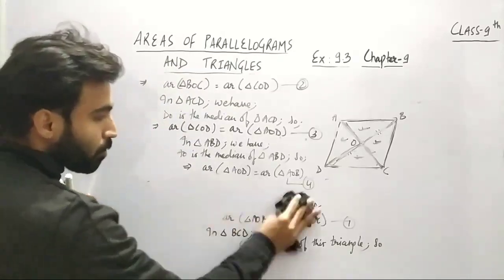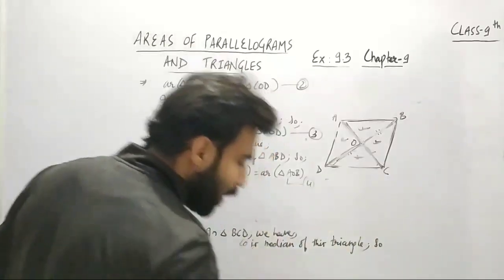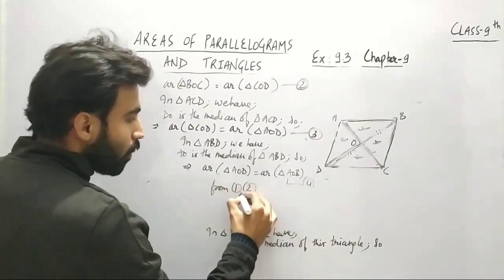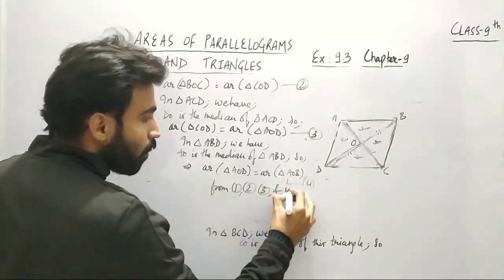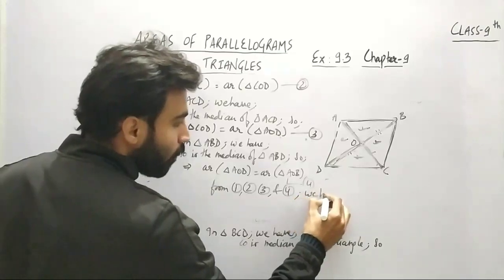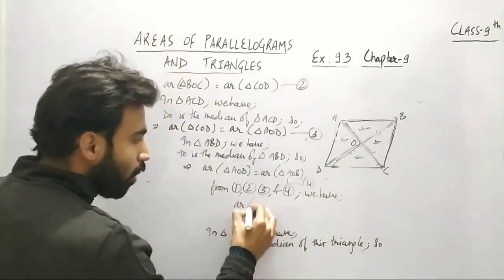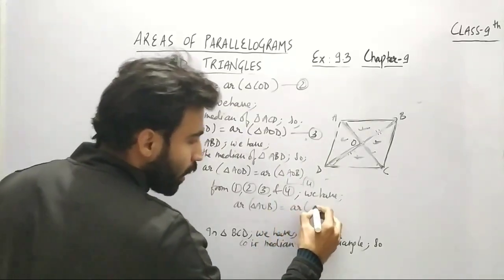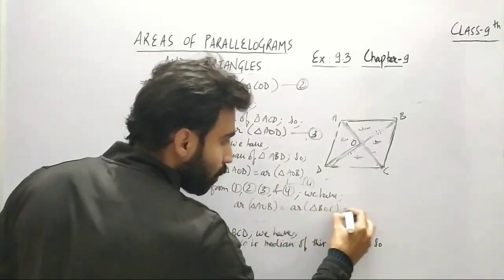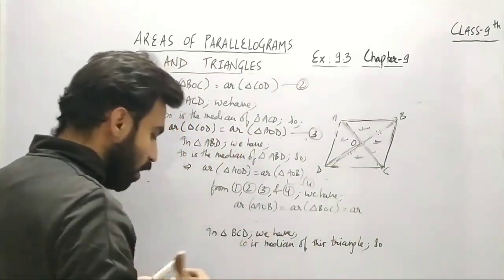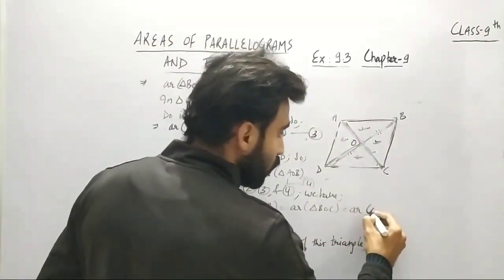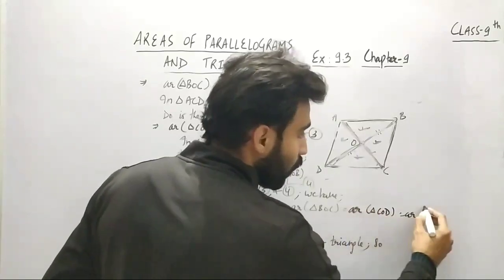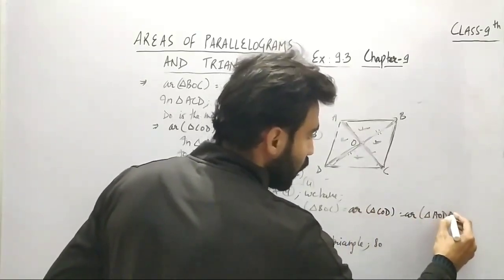So this implies, from equation number 1st, 2nd, 3rd and 4th, we have, you can see, area of triangle AOB equal to area of triangle BOC equal to area of triangle COD equal to area of triangle AOD, right?